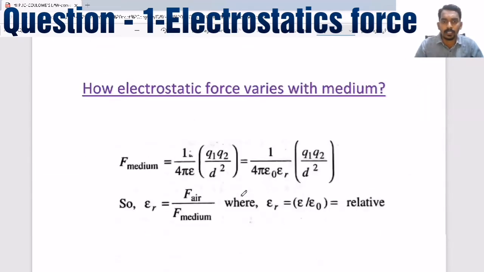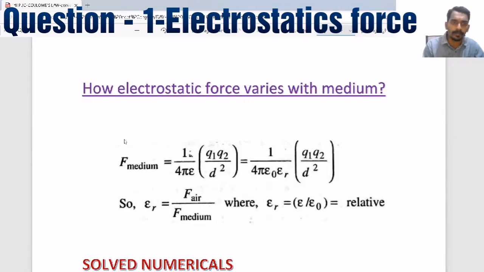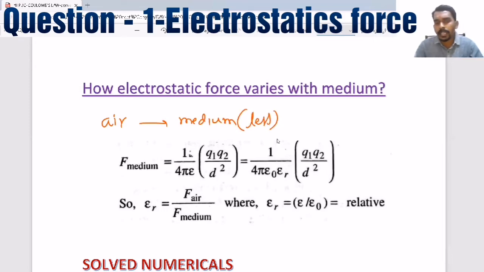Now one more thing they can ask is how the electrostatic force varies with medium. Compared to air or vacuum, the force in a medium becomes less, because inside the medium epsilon naught becomes epsilon, which is equal to epsilon naught epsilon r.